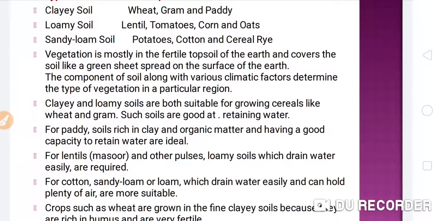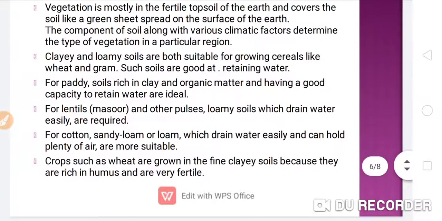For paddy, soils rich in clay and organic matter and having a good capacity to retain water are ideal. For lentils, also known as masoor, and other pulses, loamy soils which drain water easily are required.